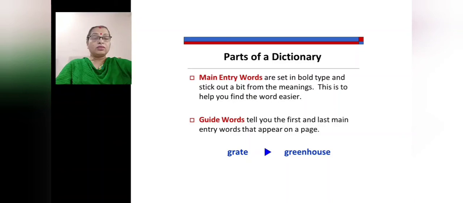Now here one example is given. Great to greenhouse. So great is also an entry word and greenhouse is an entry word, right? Now it means that in that particular page all the words from great to greenhouse will be there.